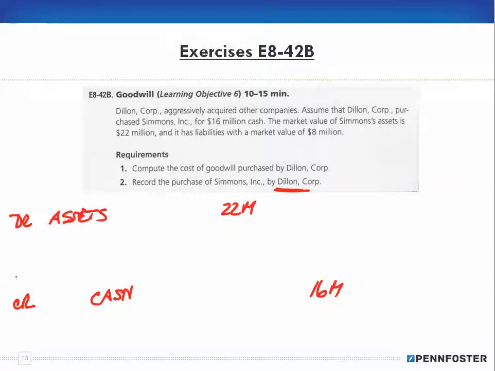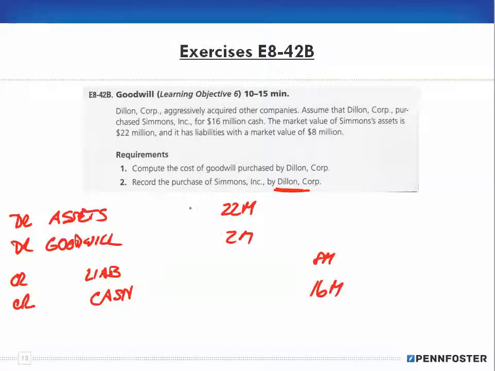They're also taking on the liabilities, which is 8 million. And of course debits have to equal credits, so the difference has to be, and we're calling that goodwill, and that's going to be $2 million. So that's how we create our journal entry.